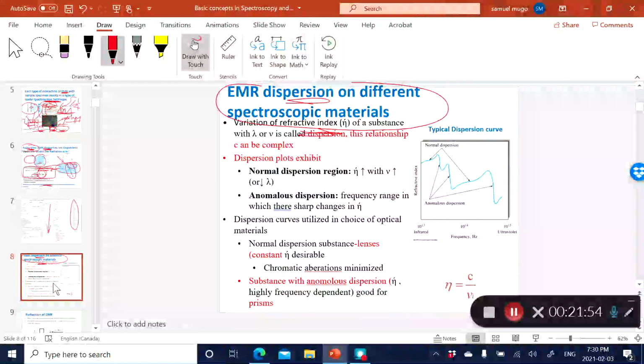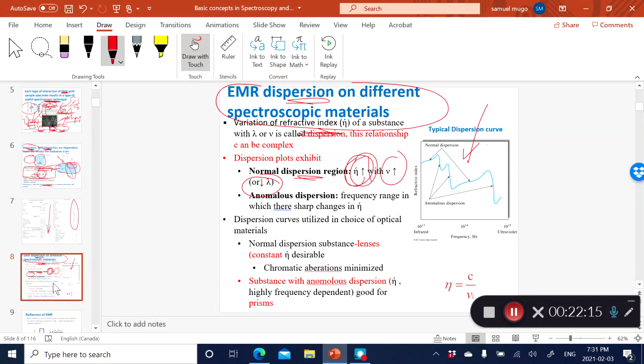When you shine light onto an object, as the refractive index increases, you get an increase in the frequency of the light, or a decrease in the wavelength. That is what you refer to as the normal dispersion, which is shown here, in a typical dispersion curve.